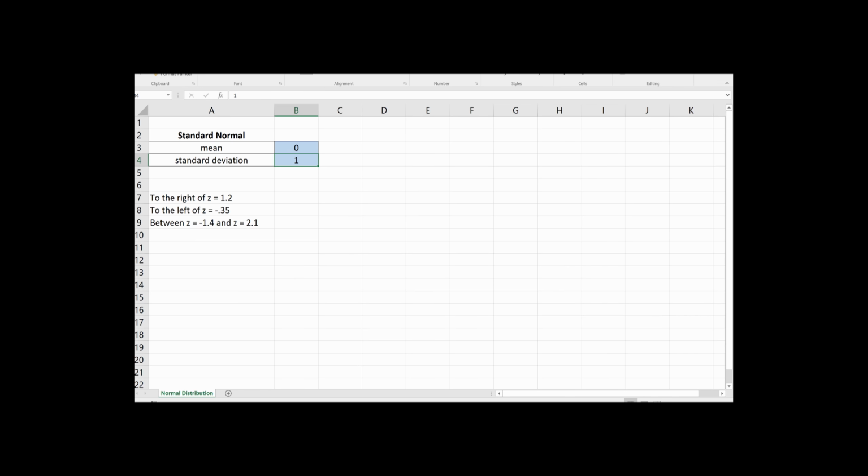So how would we answer these questions? Let's go ahead and mark our value on the graph, and then we'll shade it and see what Excel command is needed to compute this. So to the left of z is negative 0.35. So this value right here would be right around here, right?